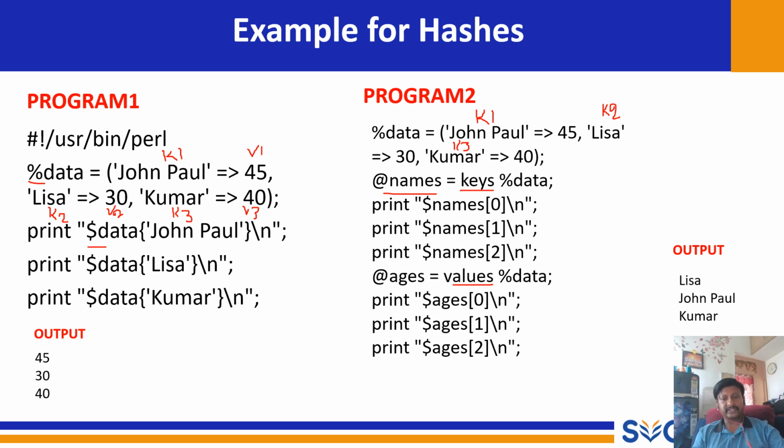And if you want to output the same, you give these scalar values. Got it? So this is a simple illustration of these three data types: scalars, arrays, and hashes. In my video, I have shown a few examples of data types and even an illustration of a few operators. Thank you.